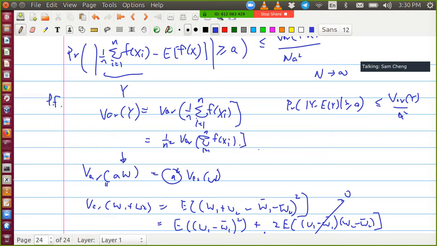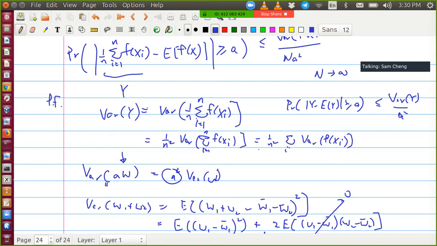So from here, if all the xi are independent, therefore f(xi) are independent of each other, then it will become 1 over n squared times the sum of variance of f(xi). Yeah, that's right.